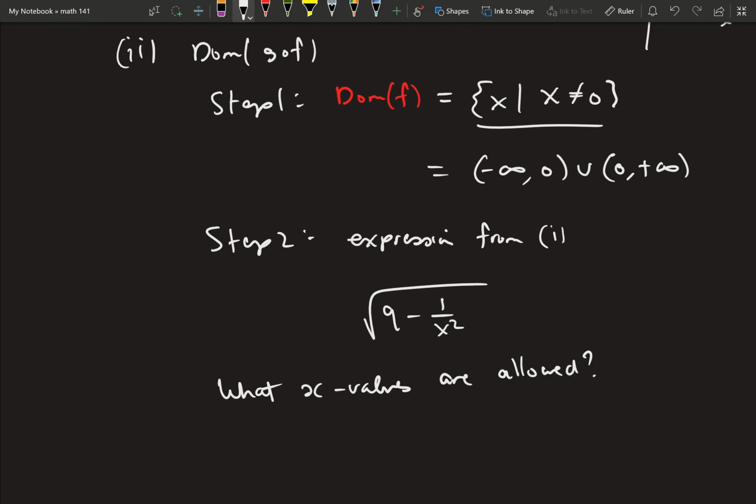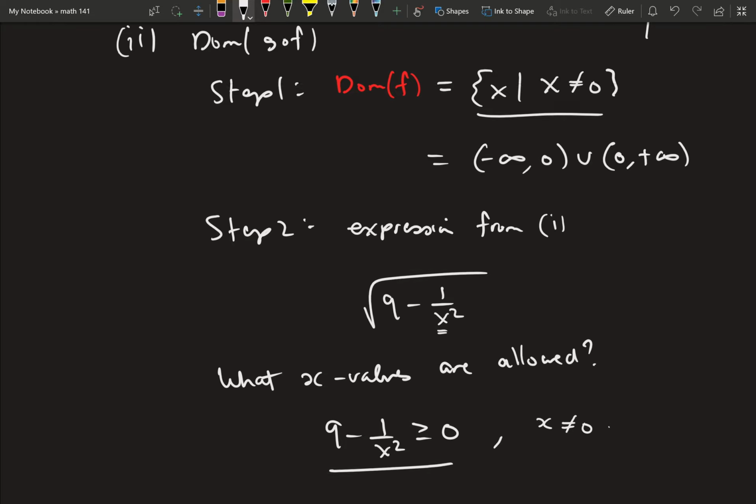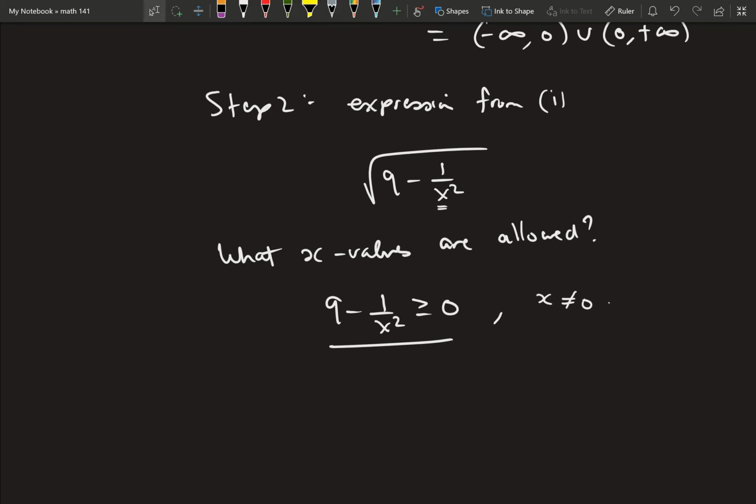That's the question. Well, we know that whenever you have a square root, 9 minus 1 over x squared has to be greater than or equal to 0. Also, because x here is in the denominator, x itself can't be 0, which we saw from part 1, but it's useful to see it again.